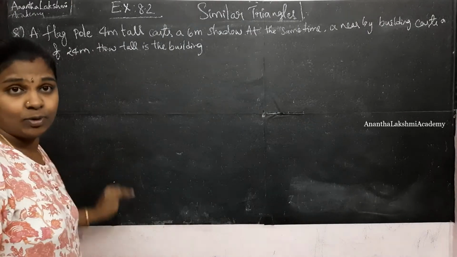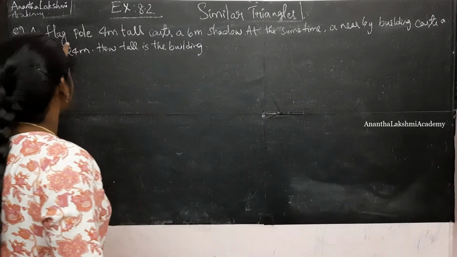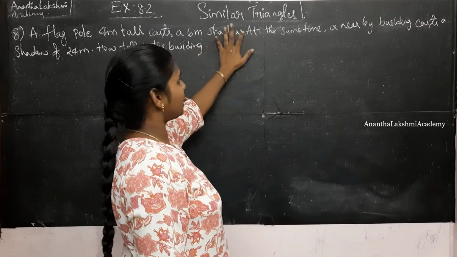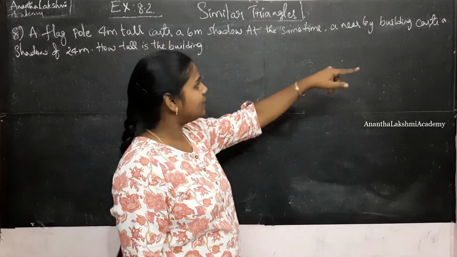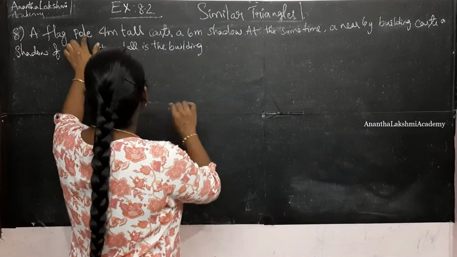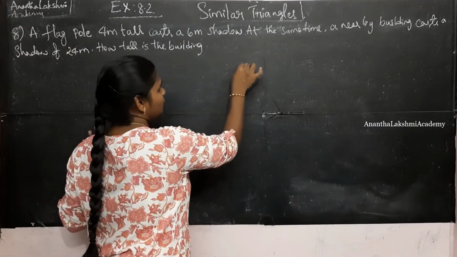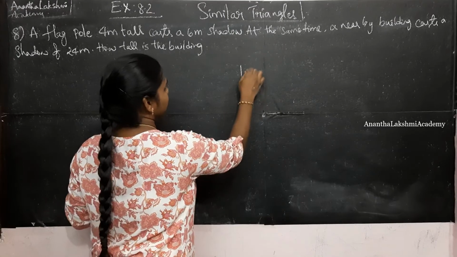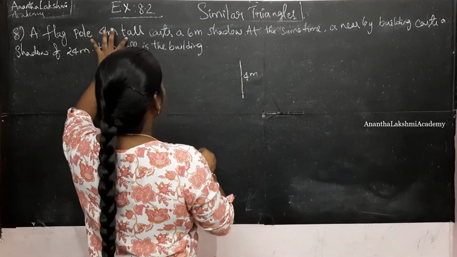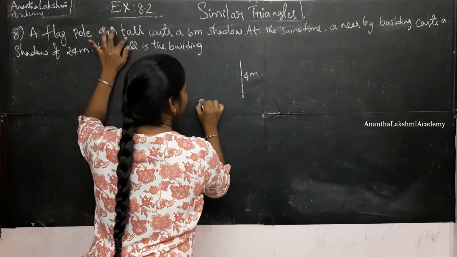So we have the 8th problem written on the board, which says a flagpole of 4 meters tall casts a 6 meter shadow. At the same time, a nearby building casts a shadow of 24 meters. How tall is the building? So first is flagpole, which is 4 meters tall, casts a shadow of 6 meters.